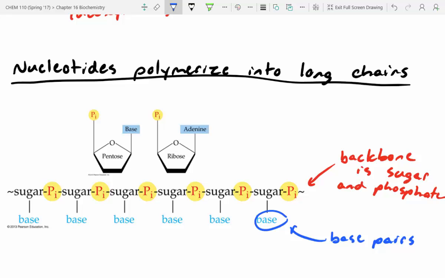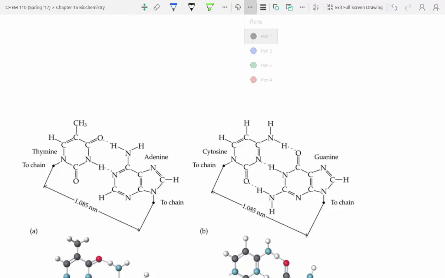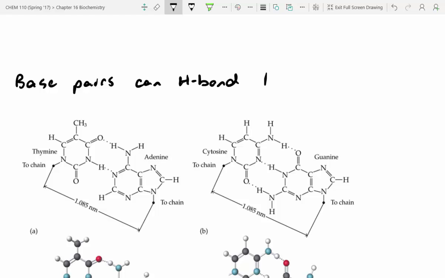So let's talk about how these will link together. We already mentioned base pairs like to hydrogen bond together in pairs. So base pairs can H bond together.